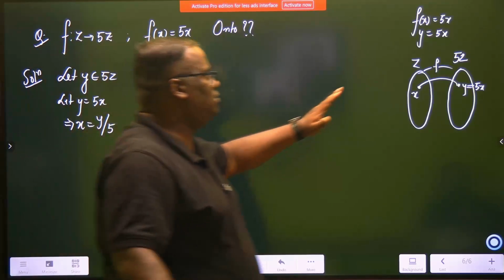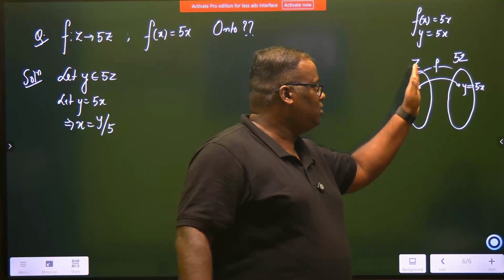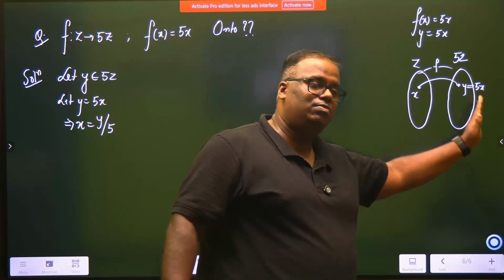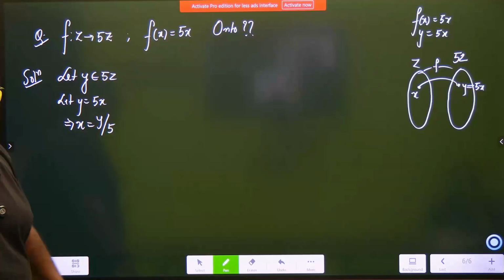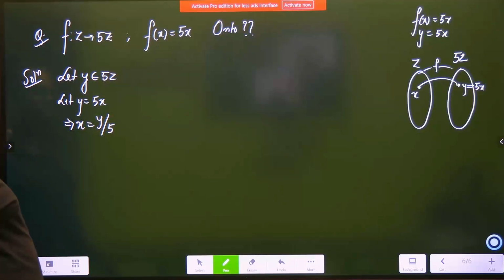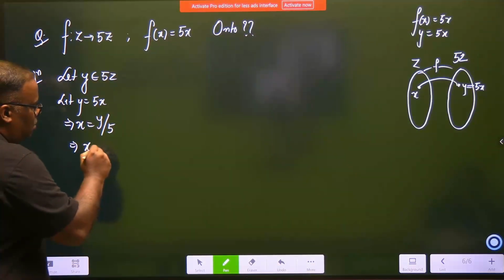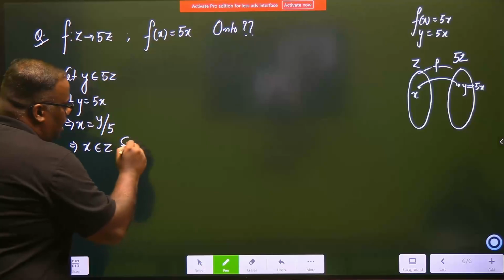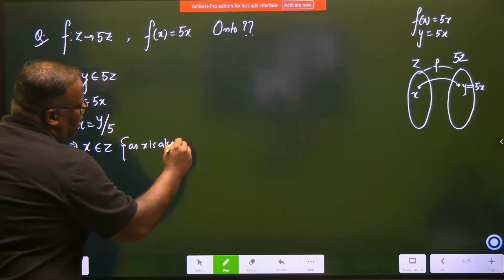What does Z stand for, beta? Z stands for the integers. This is 5 times an integer. 5 times an integer divided by 5 should also be an integer. Yes or no? This implies x belongs to Z, as x is also an integer.